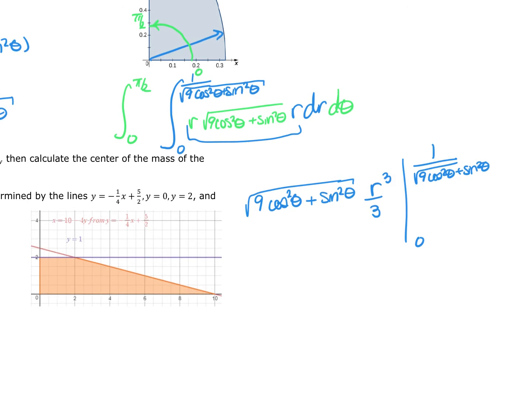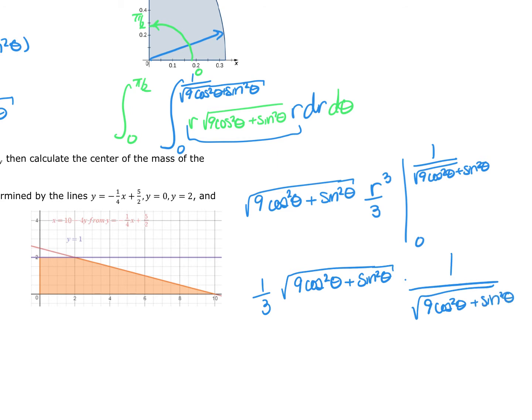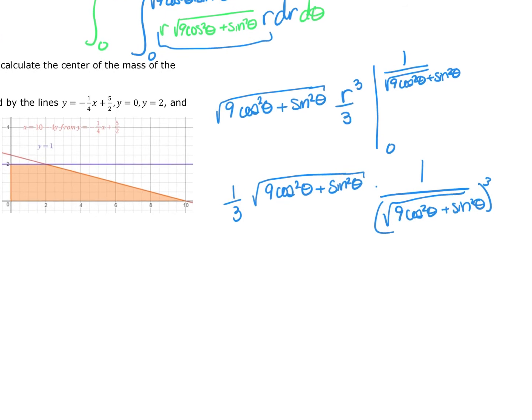So this is going to give me 1/3 the square root of 9 cosine squared theta plus sine squared theta multiplied by 1 over the square root of 9 cosine squared theta plus sine squared theta raised to the third power. So what ends up happening here is that this cancels with one of these.